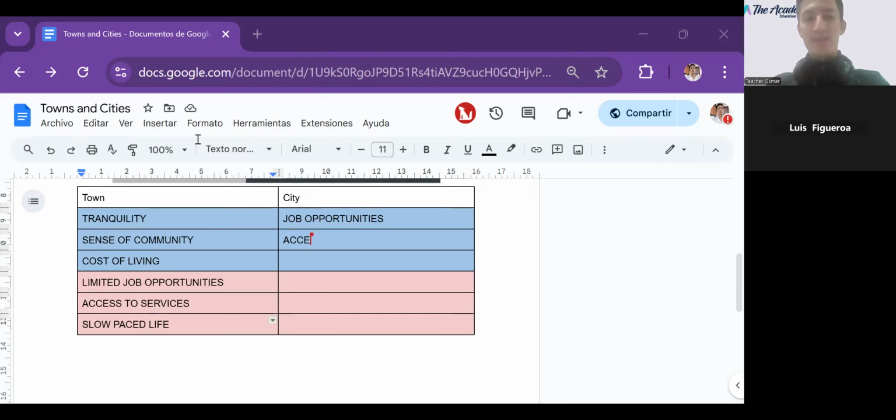Excellent, access to services. In the town sería low, ¿no? Bajo acceso a servicios. Mientras que en la city, more, ¿no es cierto? More access to services.